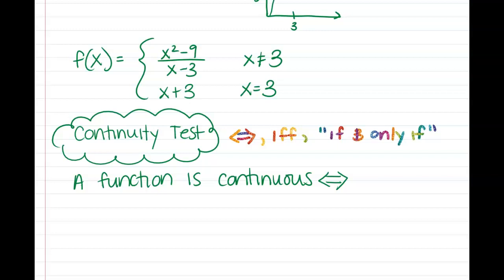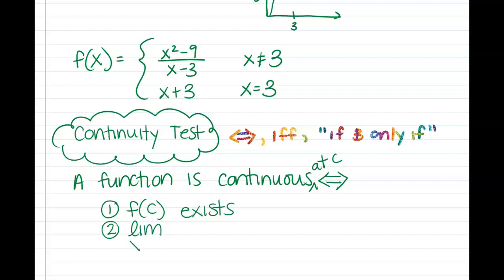So a function is continuous at C if and only if, number 1, f of C exists. Number 2, the limit as x approaches C of f of x exists.